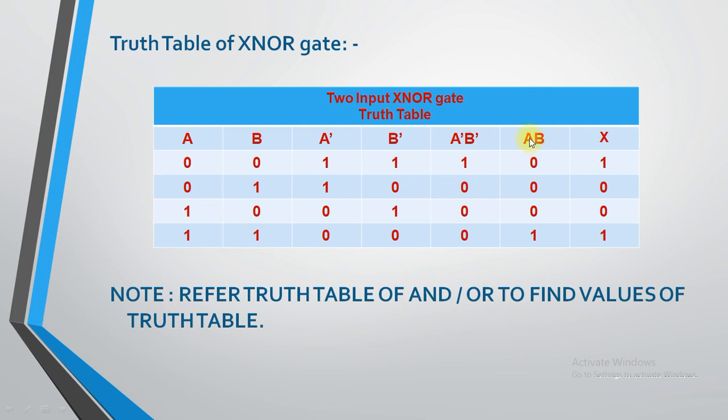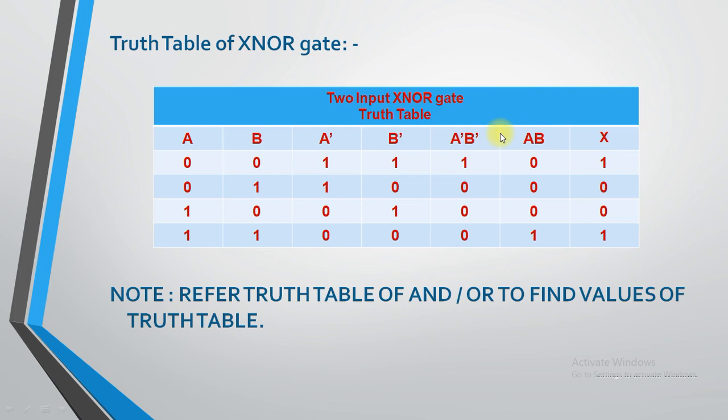Now what I need to find out? AB. AB is nothing but the AND gate only, no? So in the AND gate you will get 1 at the last only, double 1 over here. So you will get output high in the last row. Now x equals to what? A dash B plus AB dash. Now plus means what?